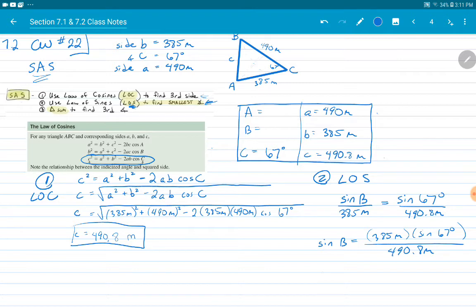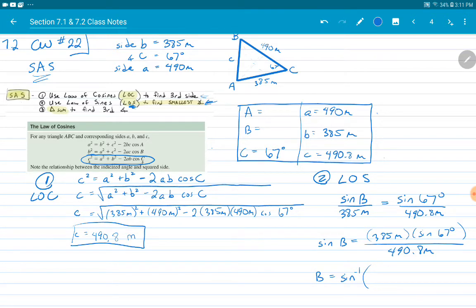And then solving for B means taking the sine inverse on both sides. Now, since I know that I picked the smallest angle, I know it's going to be an acute angle, and I know it's positive, so I don't have to worry about sine inverse only being defined on the right side of the unit circle, because I chose the acute angle. So that's another good reason to choose that smallest angle here.